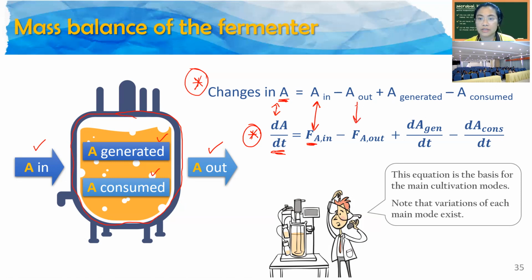A out is the rate of A that is out of the fermenter. The A generated is the change of A that happens in the fermenter, and the A consumed is the rate of A that has been consumed in the fermenter. You see a different subscript here. So this is the general mass balance of the fermenter, and this equation is the basis for all the main cultivation modes.